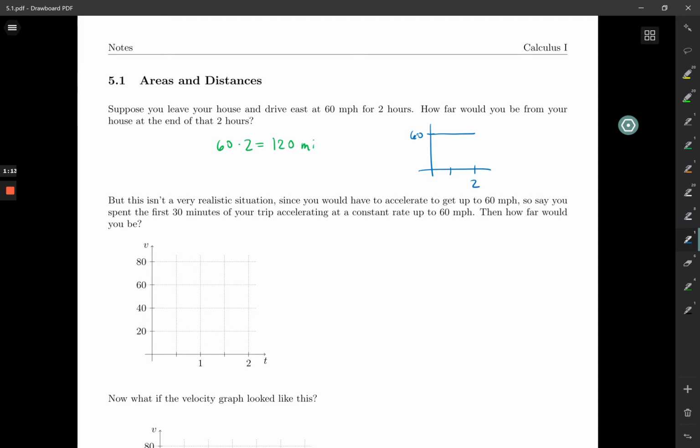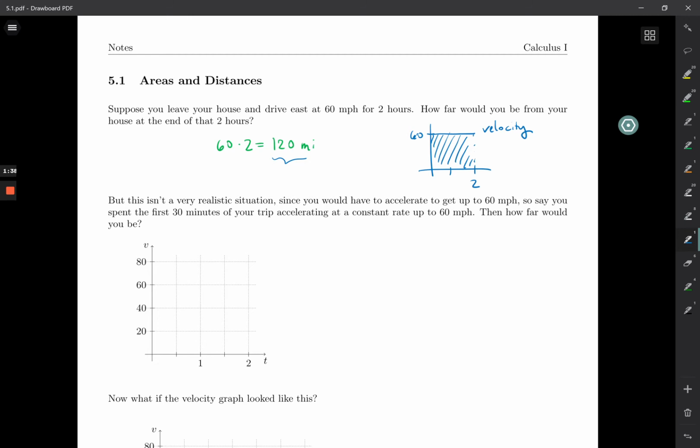So that is what the velocity function would look like. And notice that this 120 is going to be the area underneath this velocity function. Okay, so we can actually use this idea in more complicated situations.